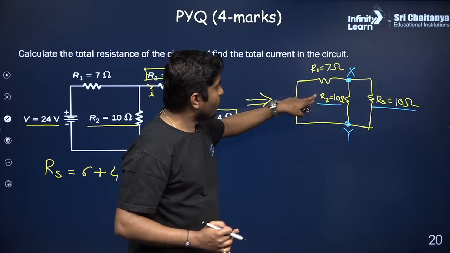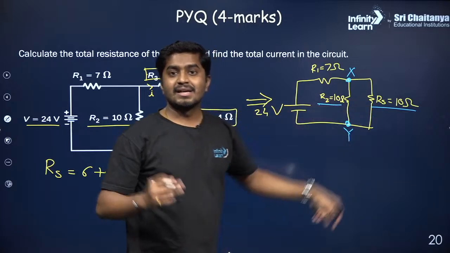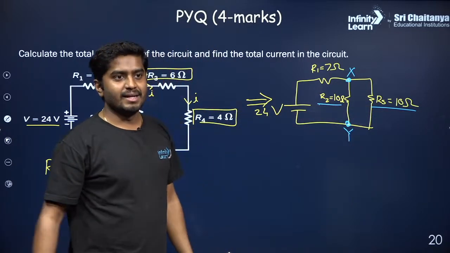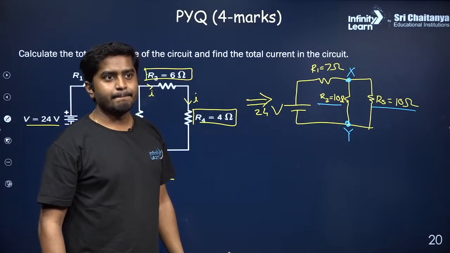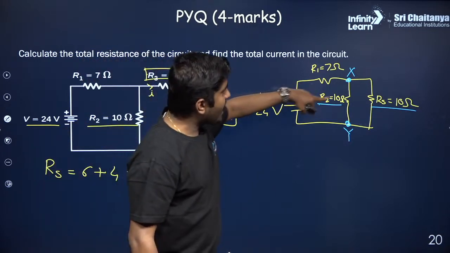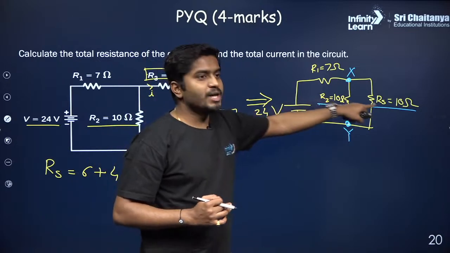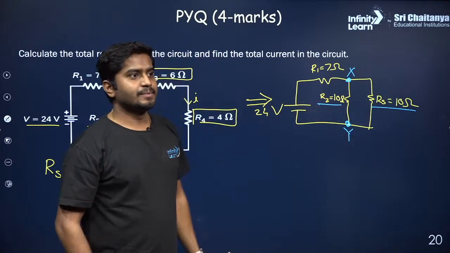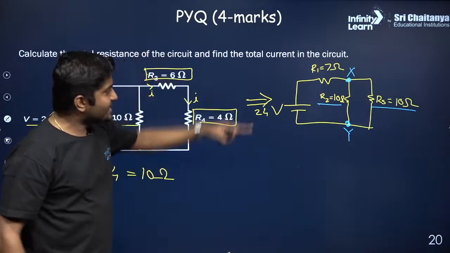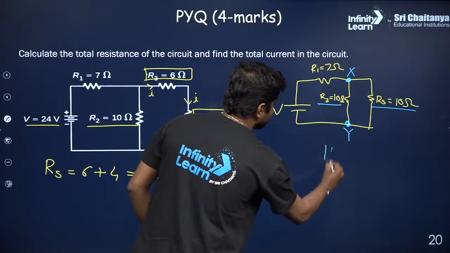So what does it tell you? R2 and R series must be in parallel. Do you agree? The potential difference between R2 and R series is the same. That is the reason these two must be in parallel. So let's draw the equivalent circuit for this.